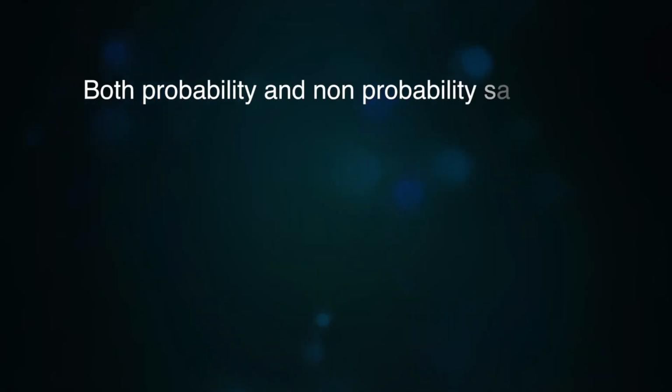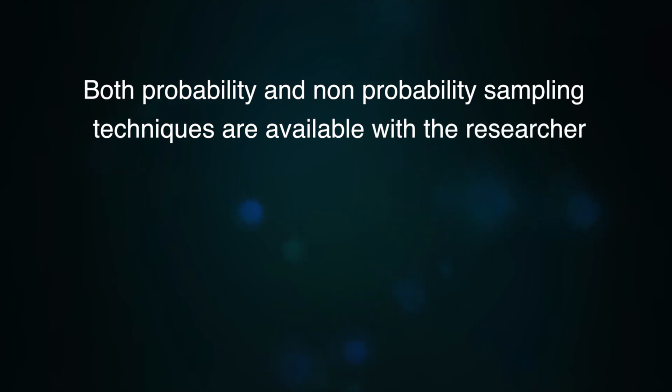If your population is heterogeneous, maybe you go for the stratified random sampling technique. If your sample is based upon some purpose, then maybe you prefer purposive sampling. So both probability and non-probability sampling techniques are available to the researcher.